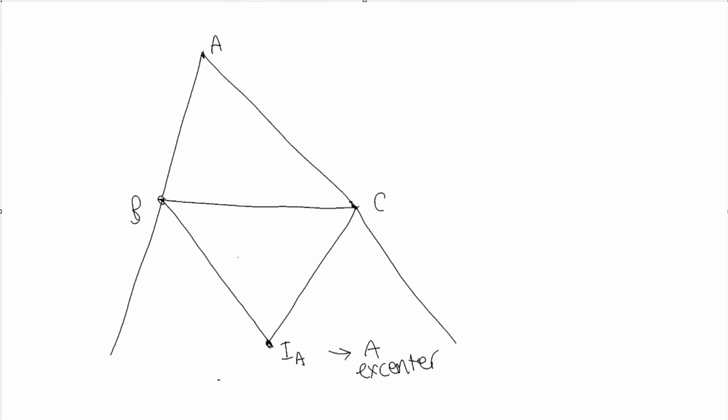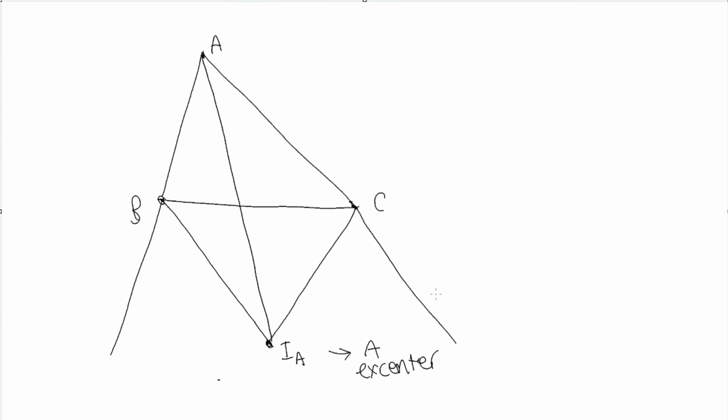And you would expect that it would also lie on the internal angle bisector by very similar reasons for why the incenter exists. And indeed it does. The excenter is the intersection of these two external angle bisectors and this main internal angle bisector.